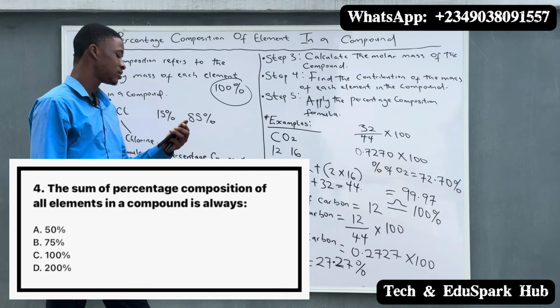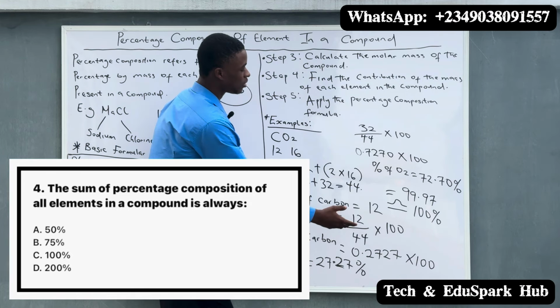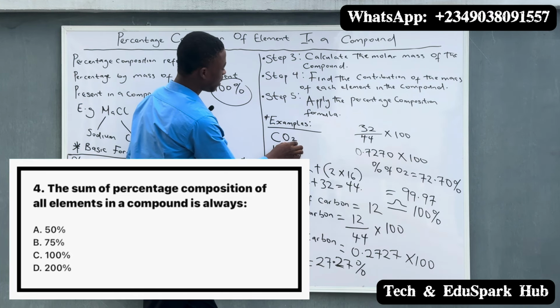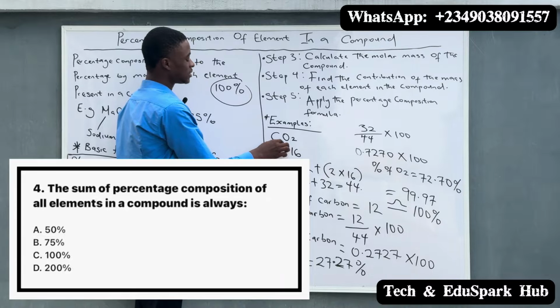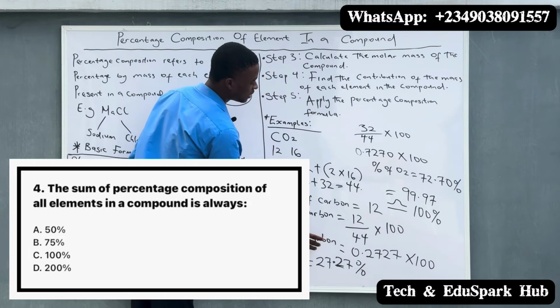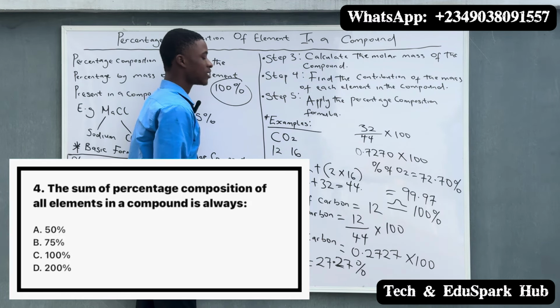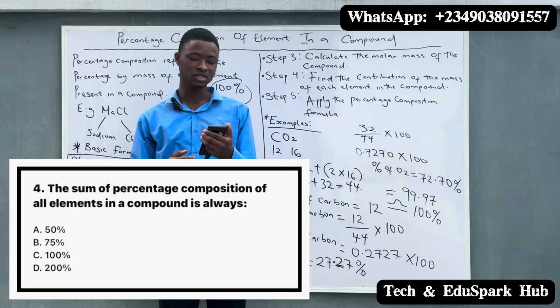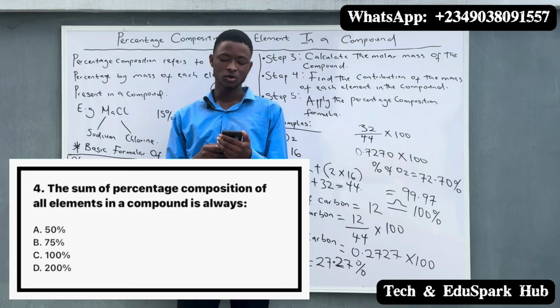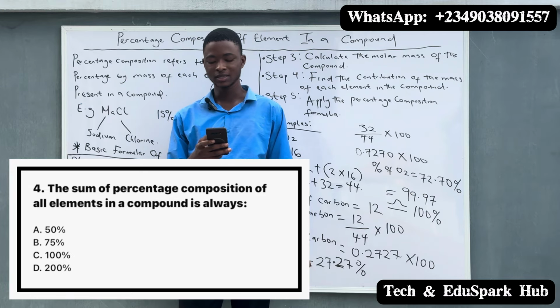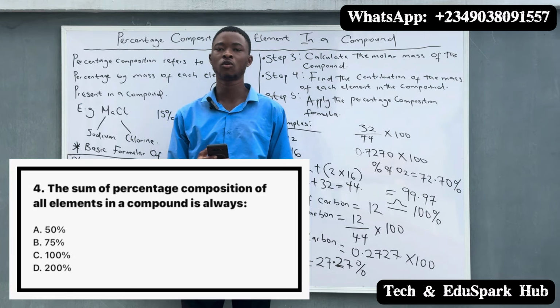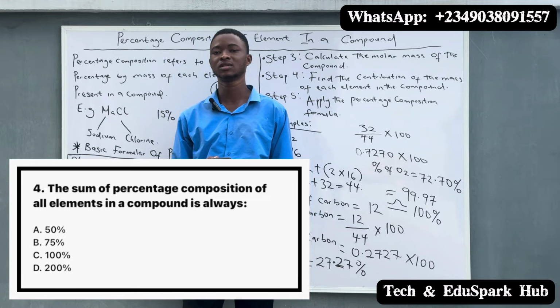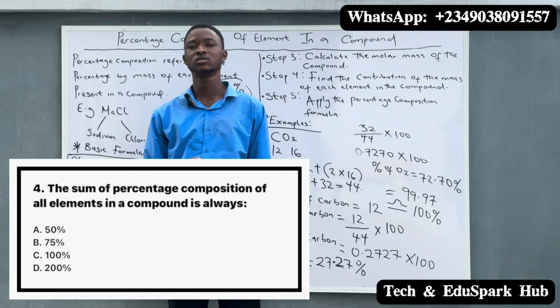So 100% is correct to this kind of question, because you can see that when we had this oxygen percentage composition and this carbon percentage composition, we got 100% as our final answer. So 100% is correct, which is option C. The sum of the percentage composition of all elements in a compound must be equal to 100%.